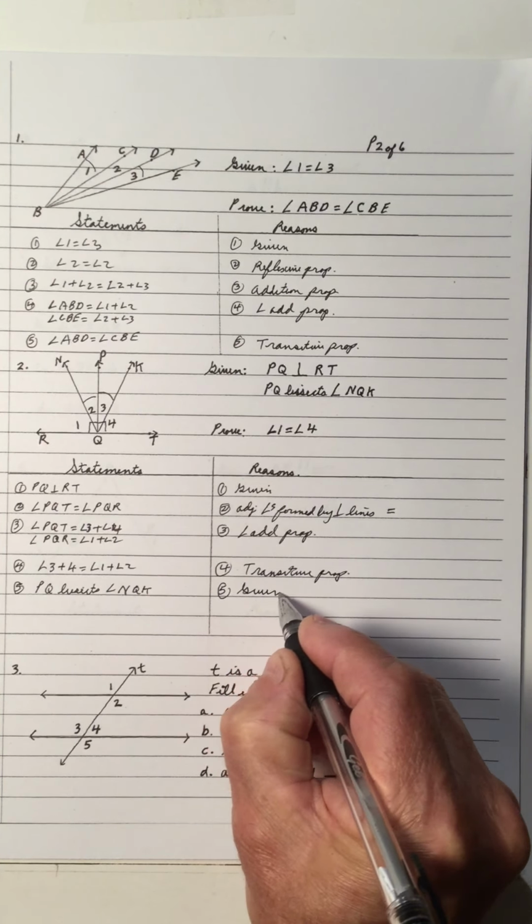And as a result, we have angle 2 equals angle 3, definition of an angle bisector.